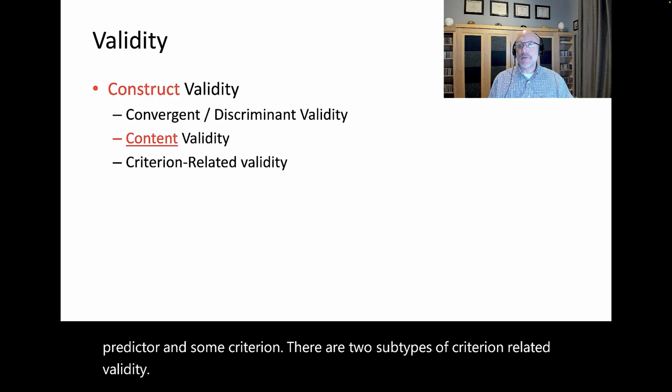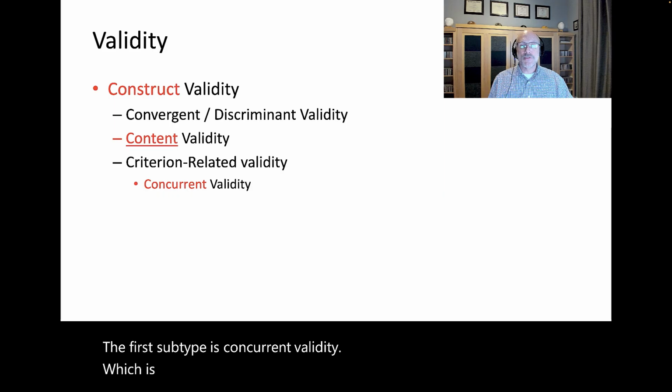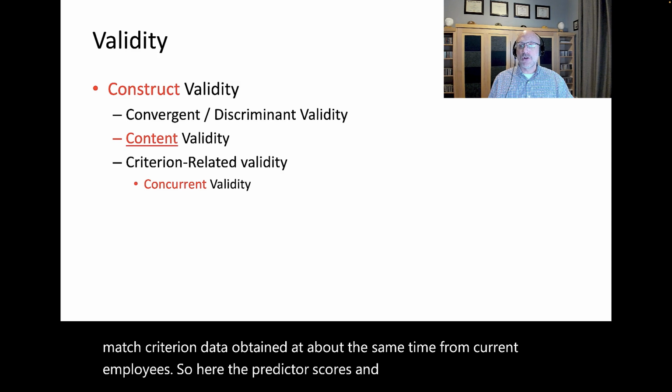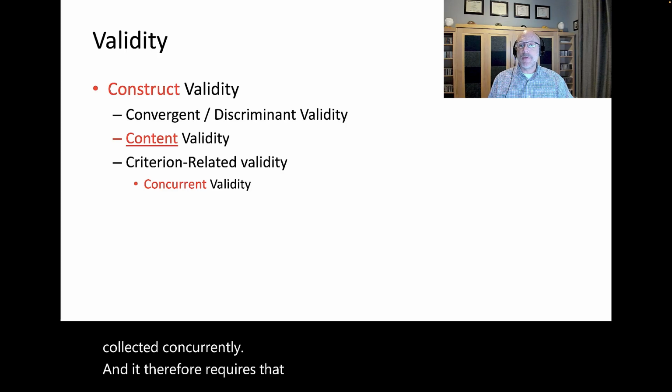The first subtype is concurrent validity, which is the extent to which test scores or other predictor information match criterion data obtained at about the same time from current employees. So here the predictor scores and the criterion scores are collected concurrently, and it therefore requires that the selection test be administered to current employees.